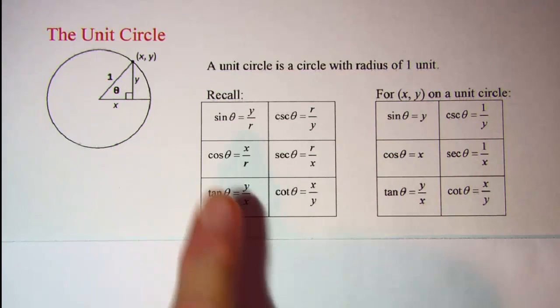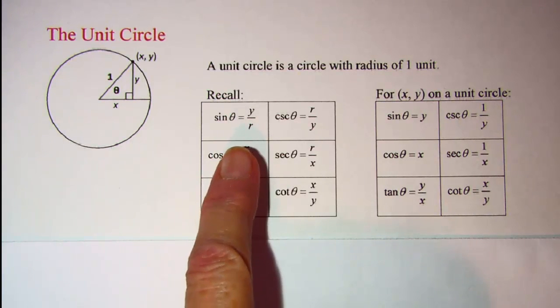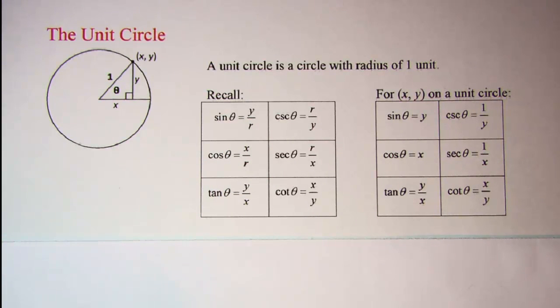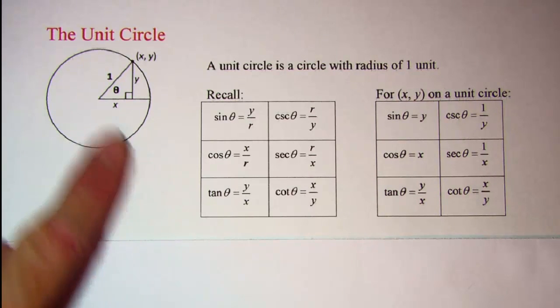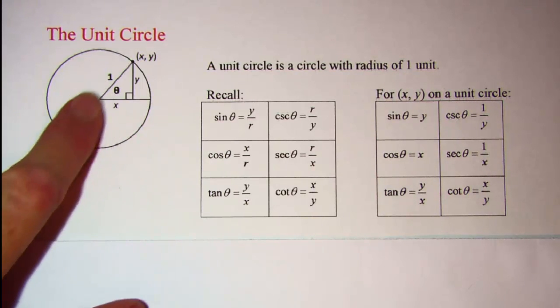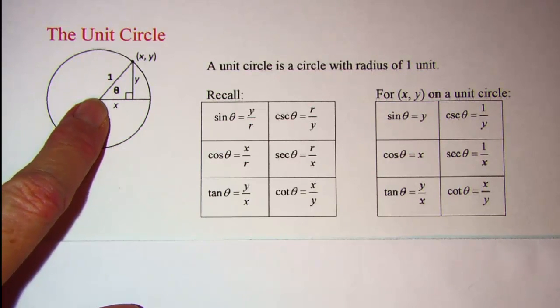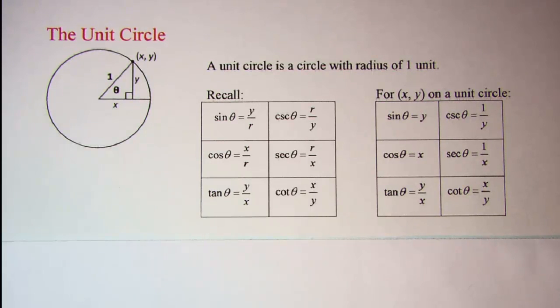Now recall our definitions for our trig functions. Sine is y over r, cosine x over r, and so forth. Now when we look at those trig functions in conjunction with the unit circle, the r value is now equal to 1, because remember before the r was this distance from the center of the circle out to the point.